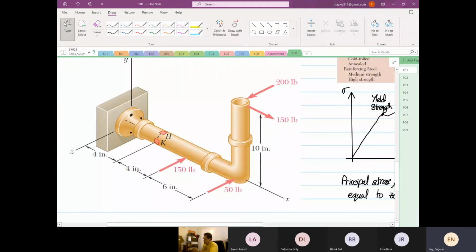But unfortunately, if you see your structure down here, it has both. You can see it can be under tension or compression, and it has shear.